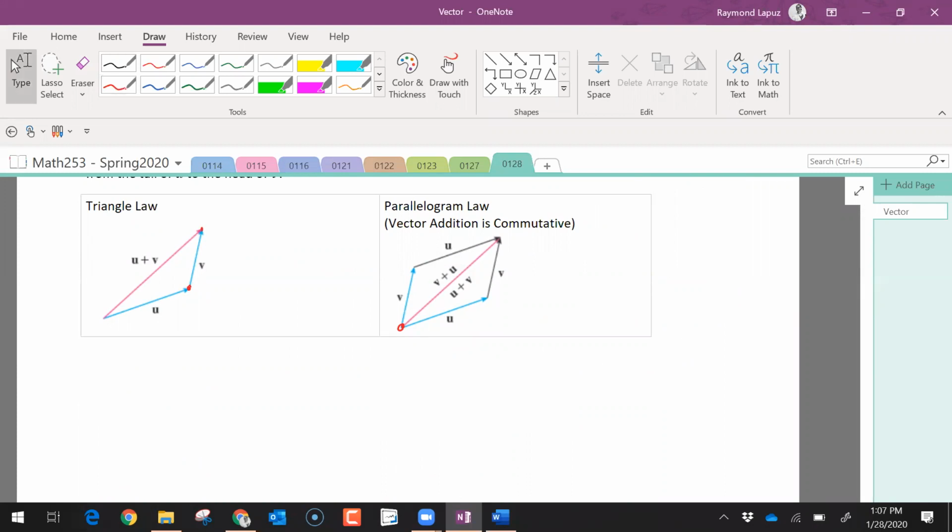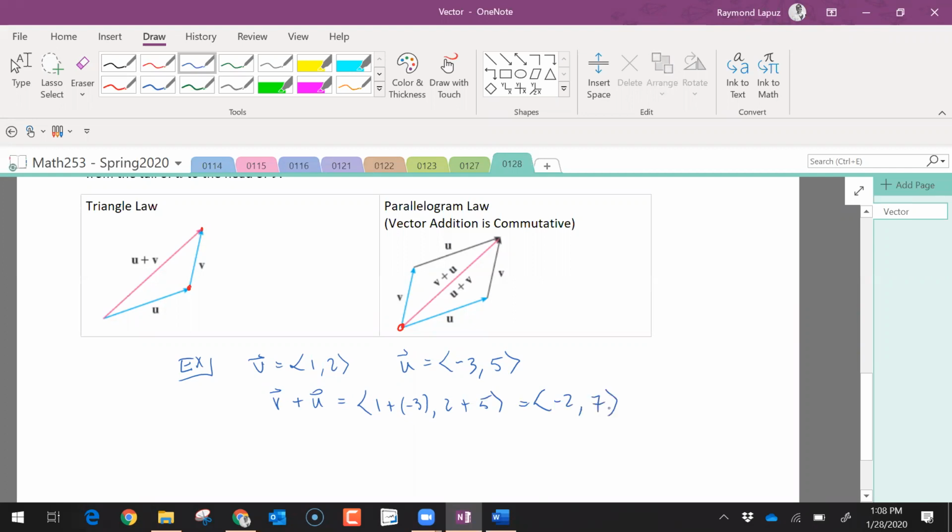So for example, if we have v equal to a vector like 1, 2, and u is a vector like -3, 5, we can add these two vectors. V plus u is equal to 1 plus -3, comma 2 plus 5. And so that's going to give us a vector -2, comma 7.